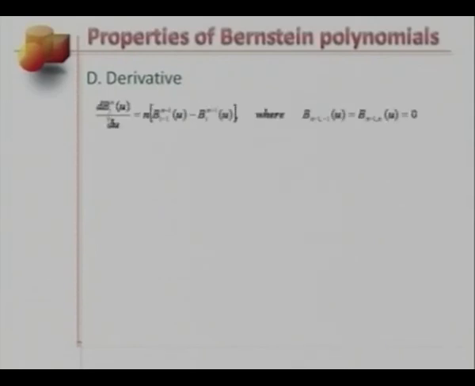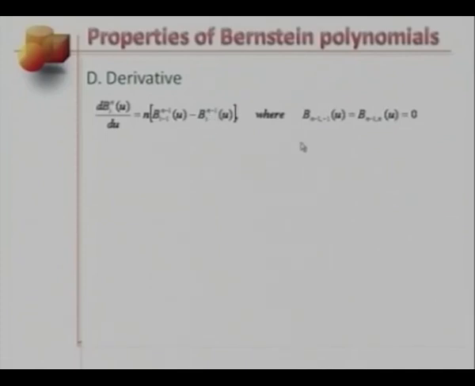We already know how Bernstein polynomials are expressed as functions of u. The first derivative of an nth degree Bernstein polynomial is given by b sub i minus 1 super n minus 1 minus b sub i super n minus 1.